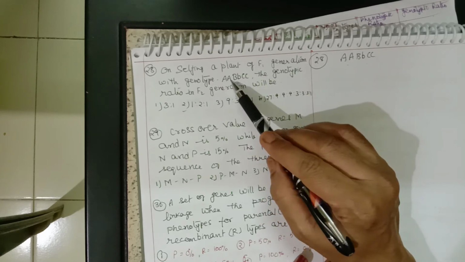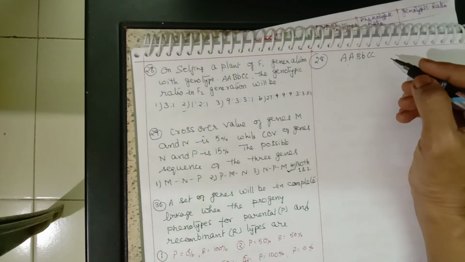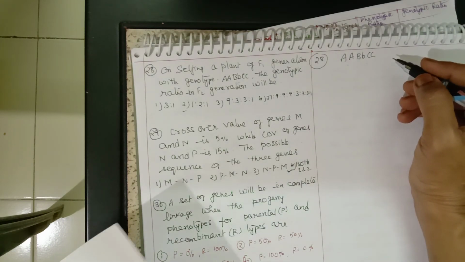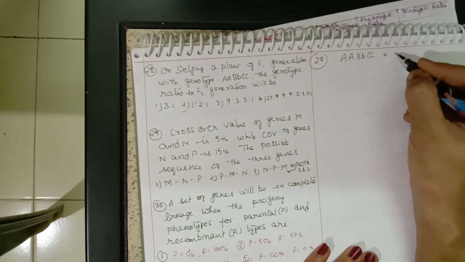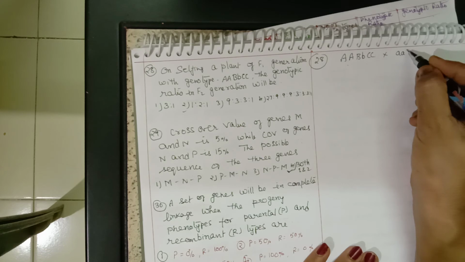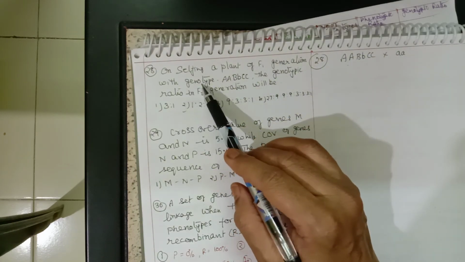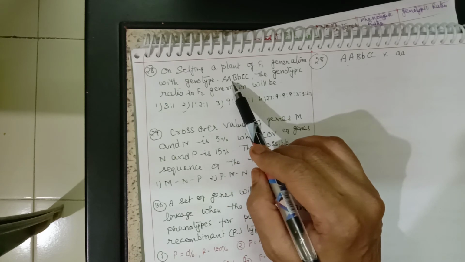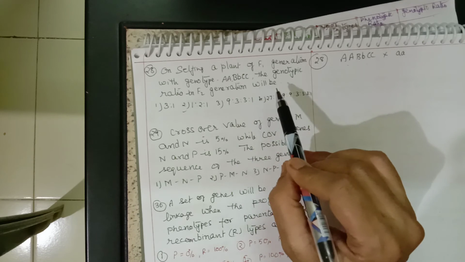We have to show the selfing of that. So when we show selfing of this, on selfing a plant of F1 generation with this genotype, the genotypic ratio in F2 generation will be.